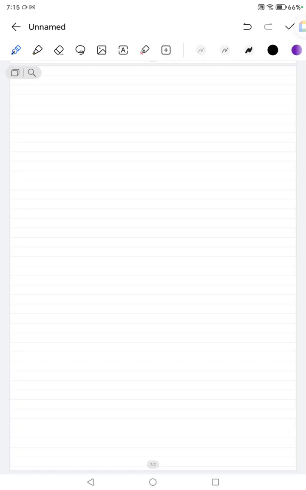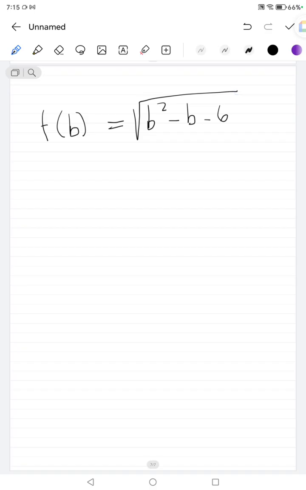You have your b squared minus b. I thought it's something that looks the same. Okay, let me just write it like this. Also here you have your f of b is equals to your b squared minus b minus your 6. Then you have this.